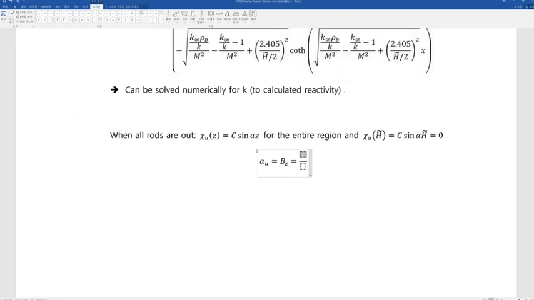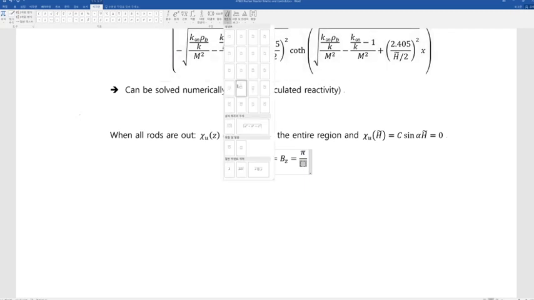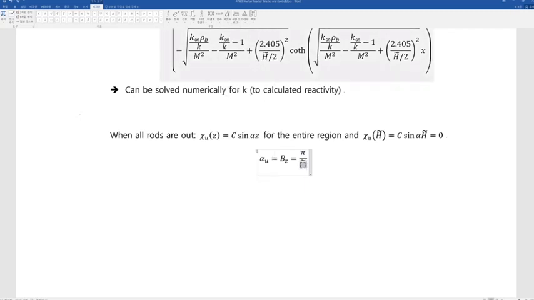And that is given in our textbook, in 7.17.